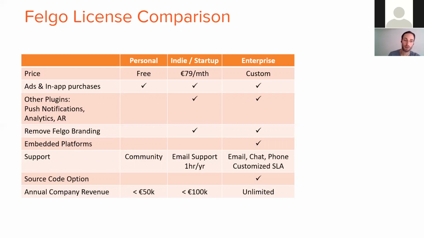So for example, if you are targeting embedded devices, and which ones. The price also depends on how many developers are using Felgo in your company and on the support requirements that you're having. So there are different SLA levels that we're offering. So this is basically the most flexible option you can get.